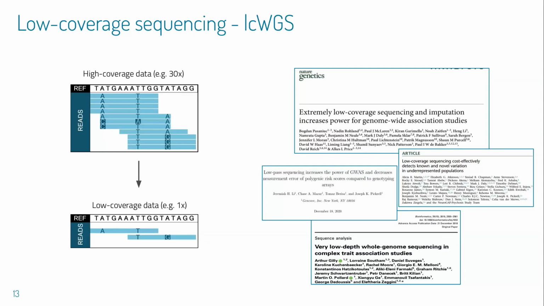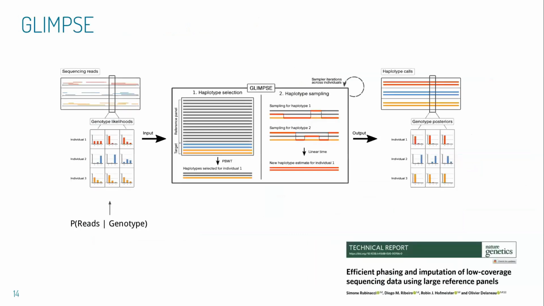For this reason, we introduced a method called GLIMPSE. The key feature of GLIMPSE is that it's able to perform haplotype sampling in linear time instead of quadratic time. So basically, instead of doing one very expensive run of diploid imputation, we do two much quicker runs of linear haploid imputation.